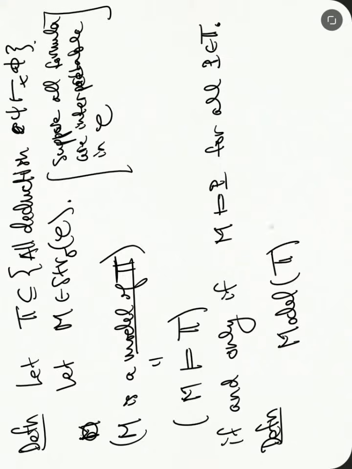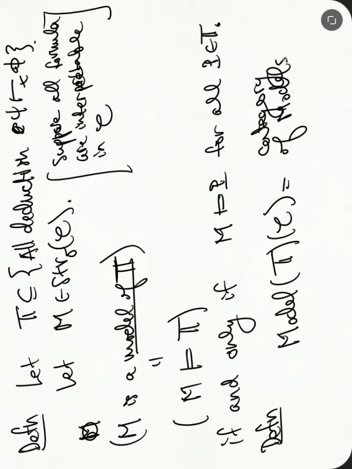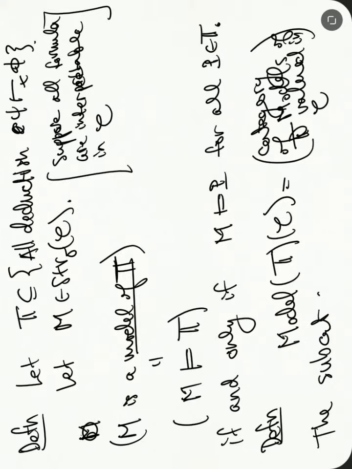T of C is the category of models of T valued in the category C. And so this is just the subcategory of structures which are models of T. So this is the subcategory.